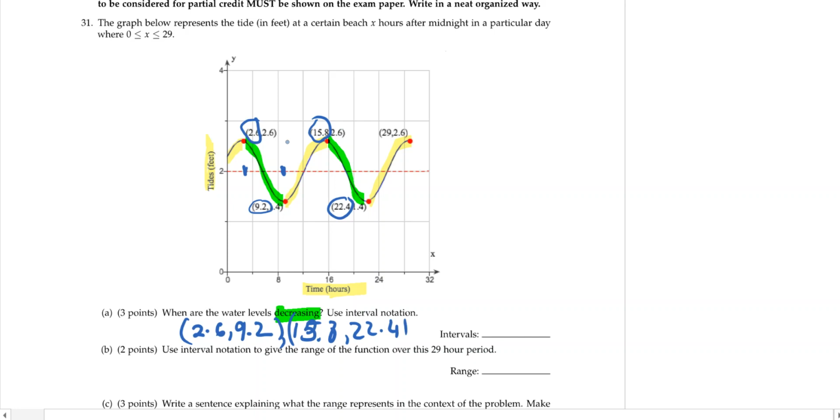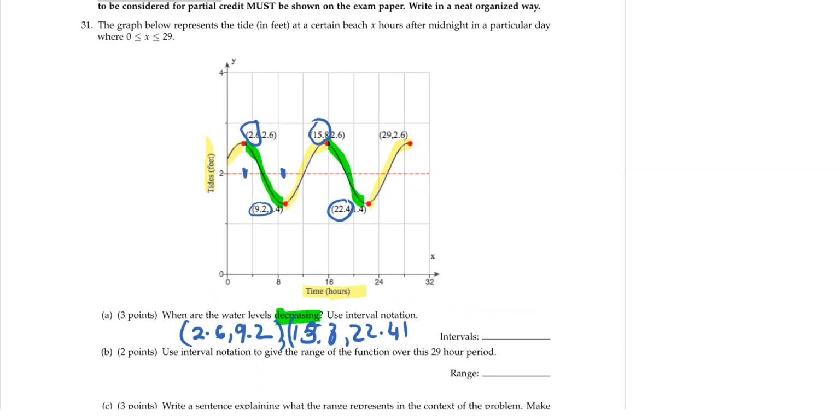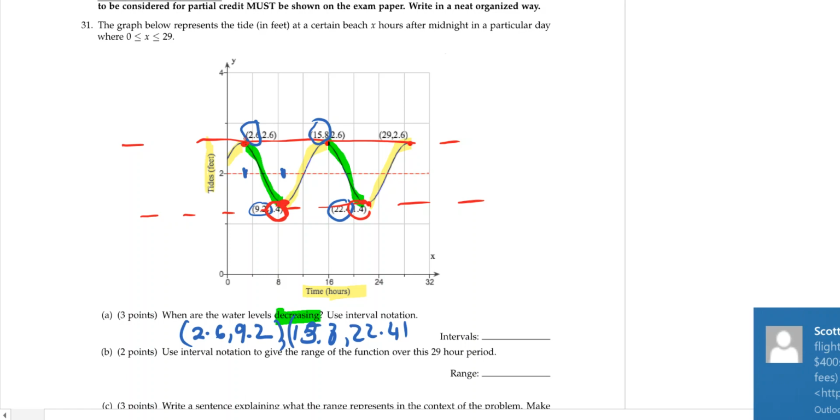Use interval notation to give the range of the function over this 29 period. Remember, the range is all the Y values. So the Y values are ranging from 1.4. You see how these points right here are 1.4 all the way up to 2.6.